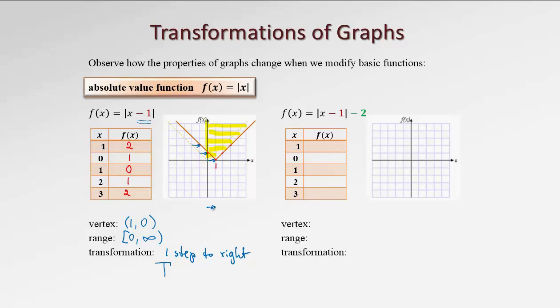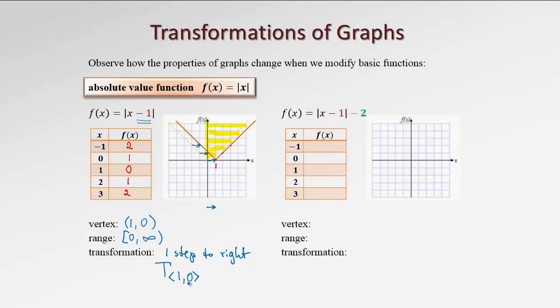We translate it by this vector. We can actually name the vector. So we are going to use sharp brackets like this to indicate a vector, and we are going to give the two coordinates of the vector. The first one will tell us how far the vector is going horizontally. Well, it's one step horizontally. And the second coordinate of the vector gives us the information how far the vector changes vertically.